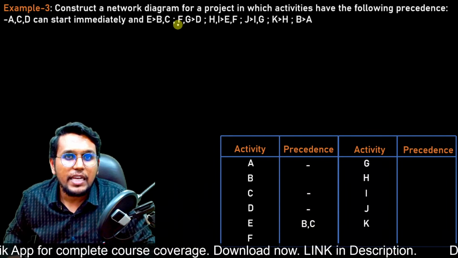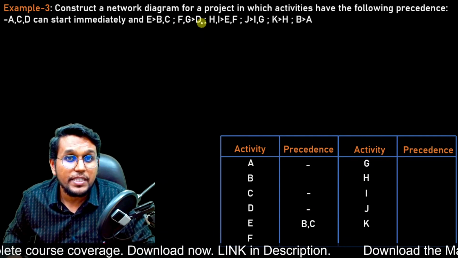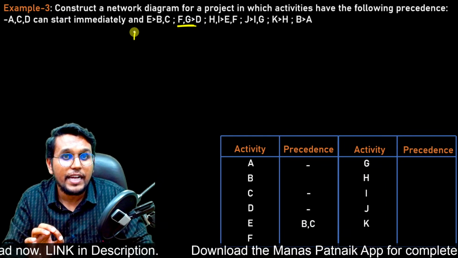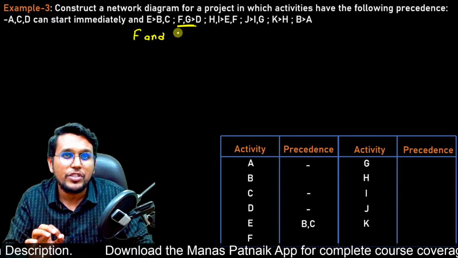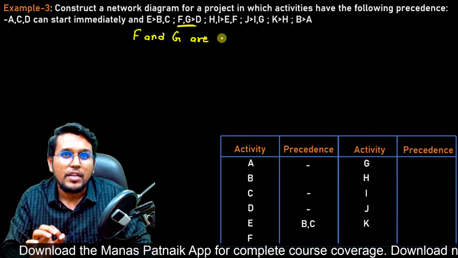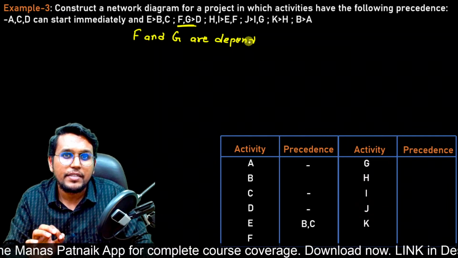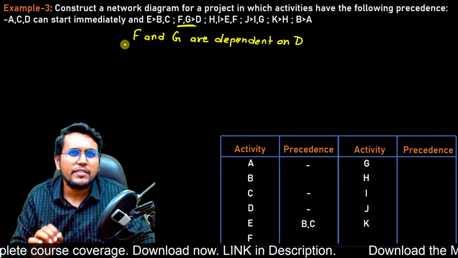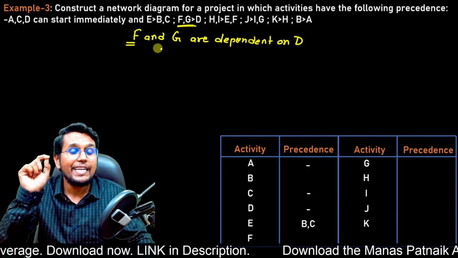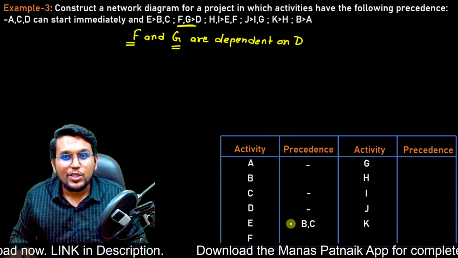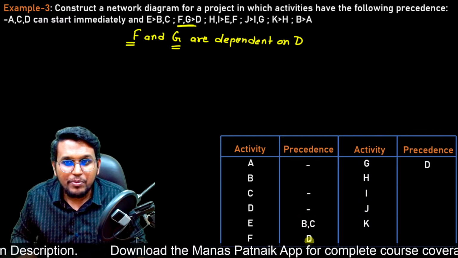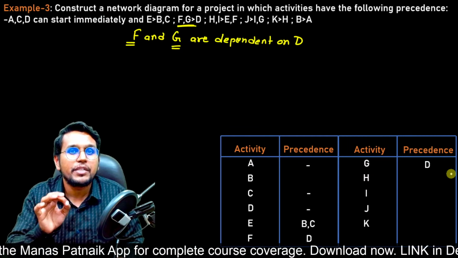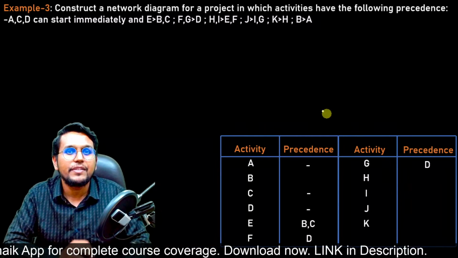Fine. Similarly, F and G depend on activity D. Now here the statement is a little different. It says activity F and activity G are dependent on activity D. That means F depends on D and G also depends on D. So we'll go to activity F, put D, and go to activity G, put D. This is how we should prepare the precedence matrix, and I think this will be easy from here on.